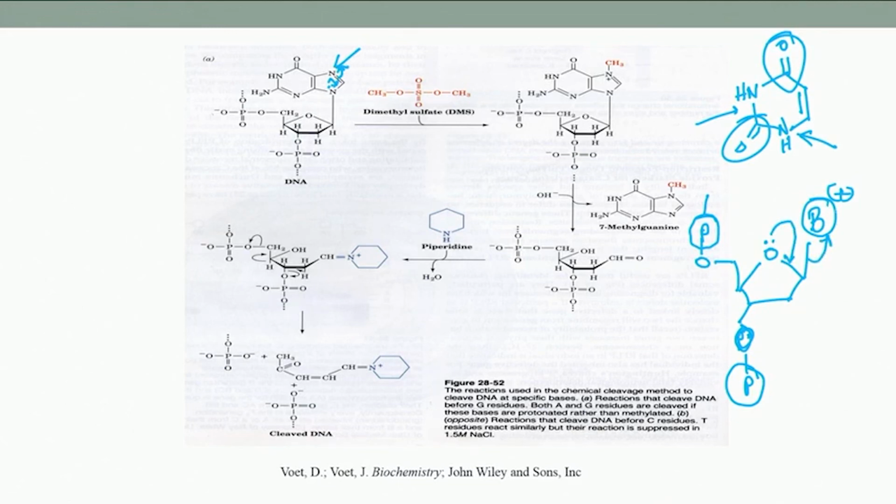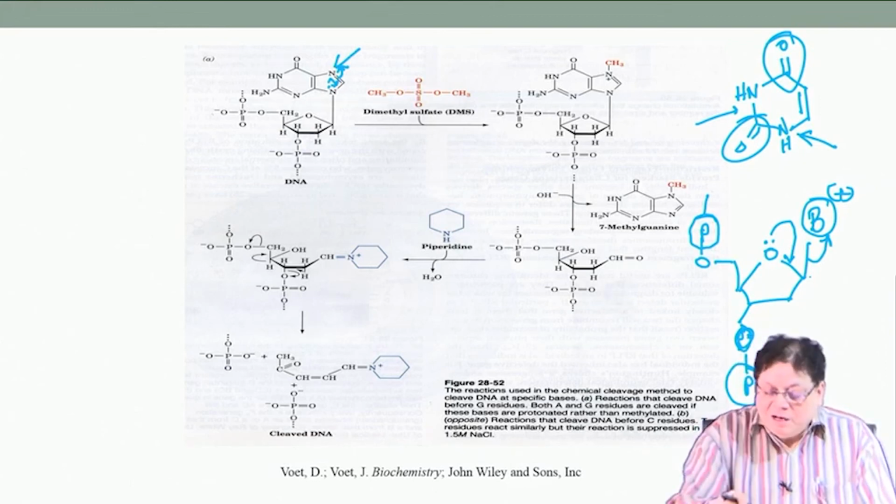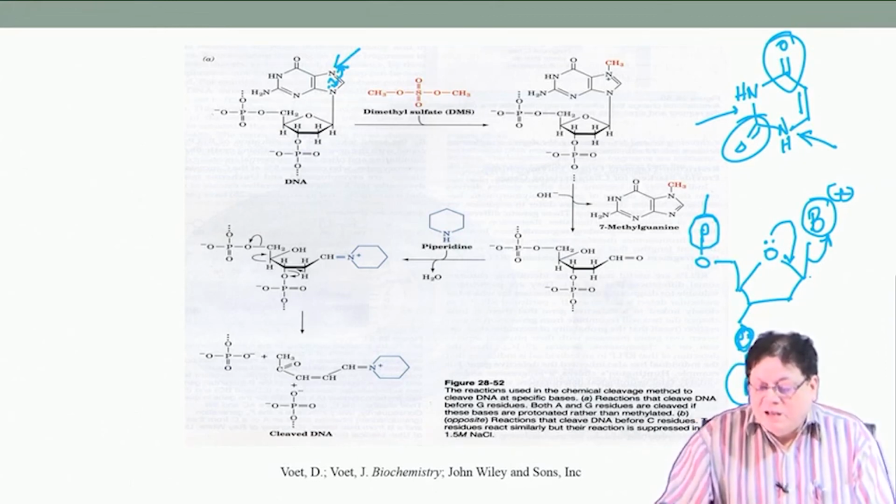This is called depurination or depyrimidation, because you are removing that purine base or the pyrimidine base. But remember, to do that, what you need is to develop a positive charge. And Maxam and Gilbert, the detailed mechanism will be given in the slide, but the whole concept is based on this.